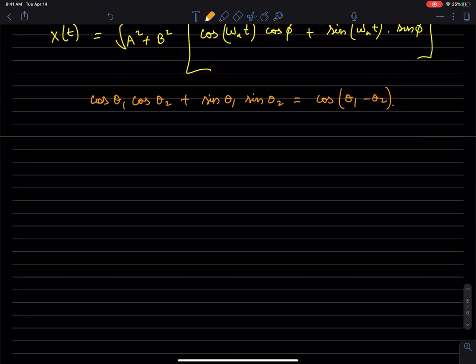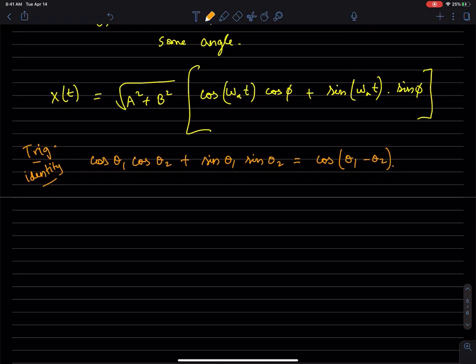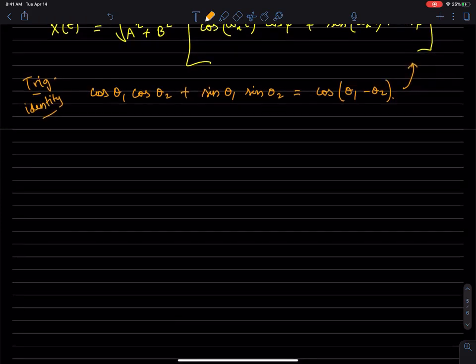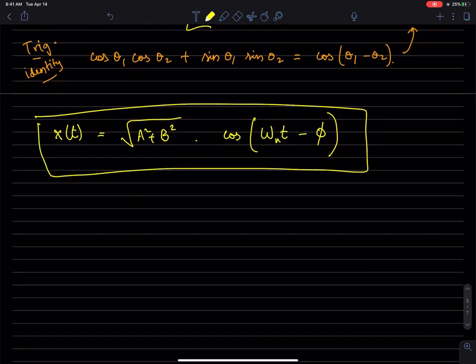This is a trigonometric identity. Let's use that so that we get x of t equals the square root of a square plus b square times cosine of omega n t minus phi.